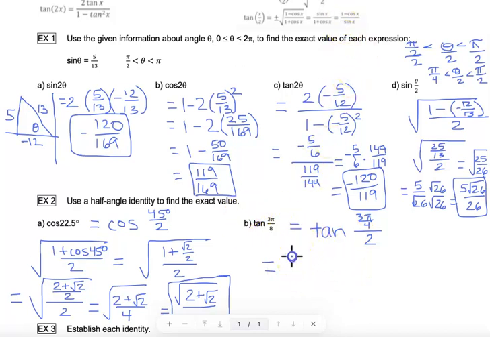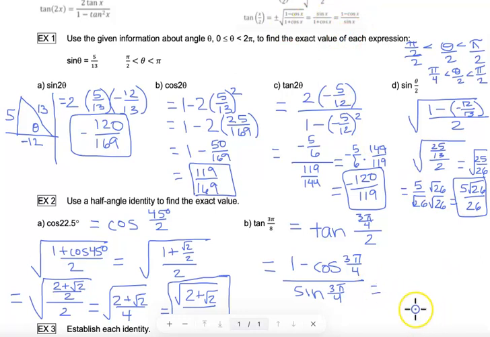I'm going to plug in 1 minus the cosine of 3 pi over 4. And then in the denominator, I'm now going to have sine of 3 pi over 4. Because again, in this format, the x, if you will, is 3 pi over 4. So I'm just plugging that into both places.